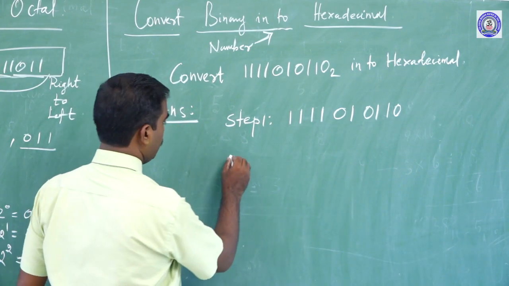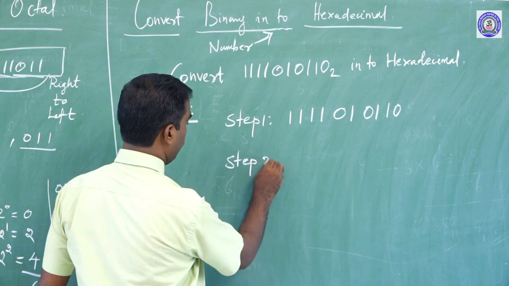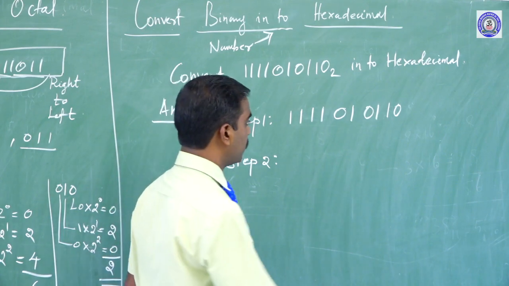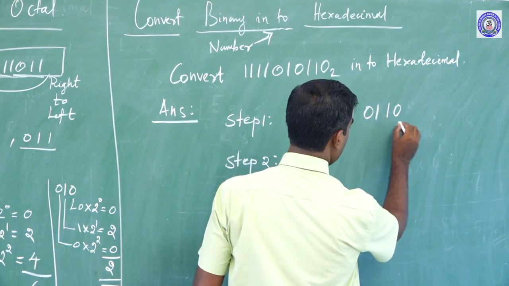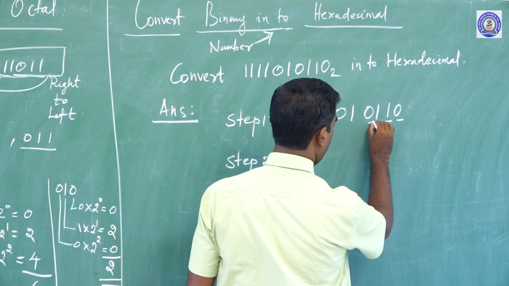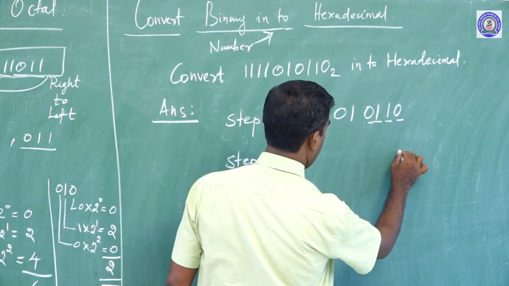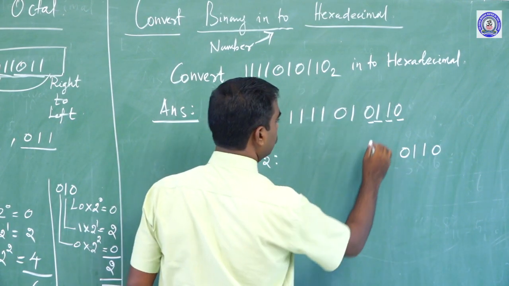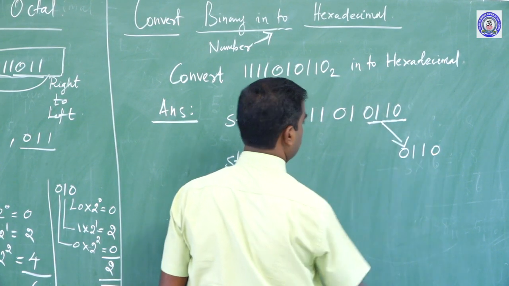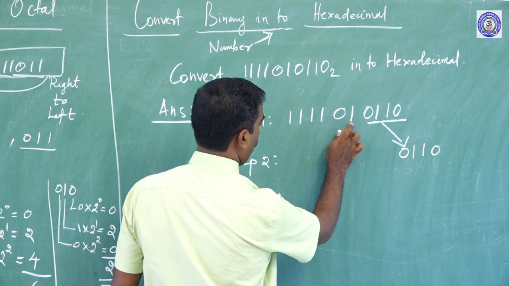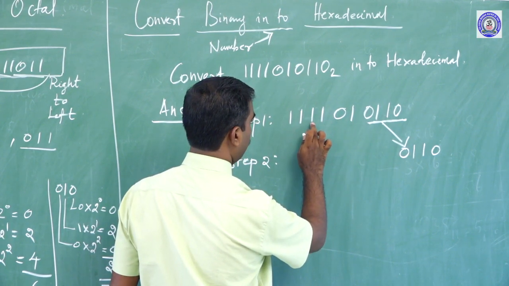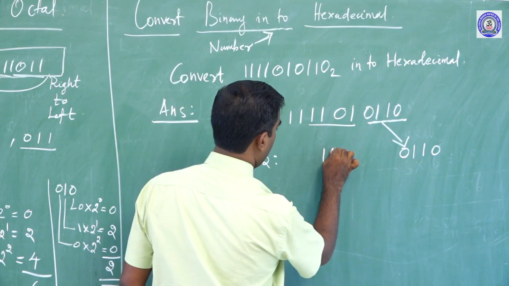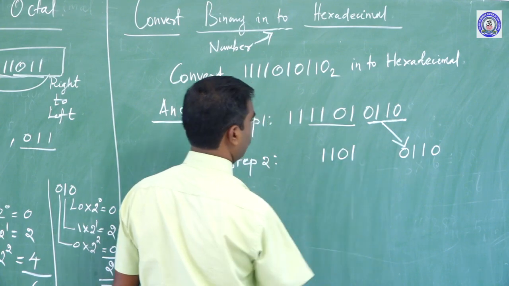Okay. And then step 2: we should split into groups of 4 digits from right to left. 1 2 3 4. So we write 0 1 1 0 completely like this. And then again 1 2 3 4. These 4 we write now as 1 1 0 1.